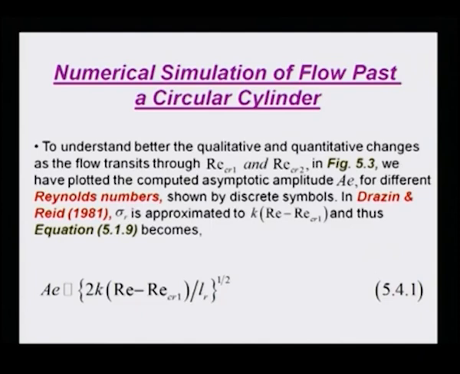If we plot A versus RE, we expect a parabolic variation as given by that equation I explained, if it was true. If it was dominated by a single mode and single bifurcation, we should get a single parabola. But suppose there are multiple bifurcations, then what happens?